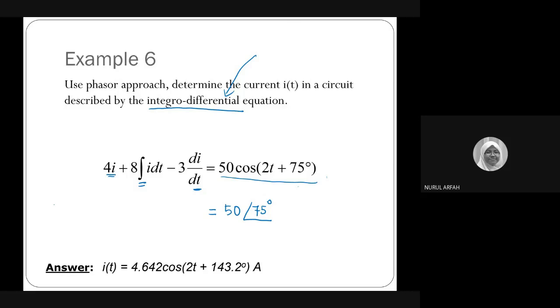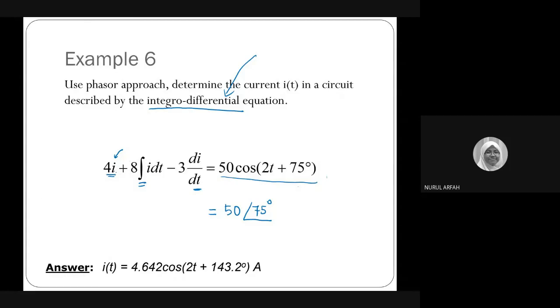What should we do? For i, please look at here. This is a small letter, so what should you do to change it to phasor? Small letter is always with respect to time. Sometimes they don't write it in terms of t here.